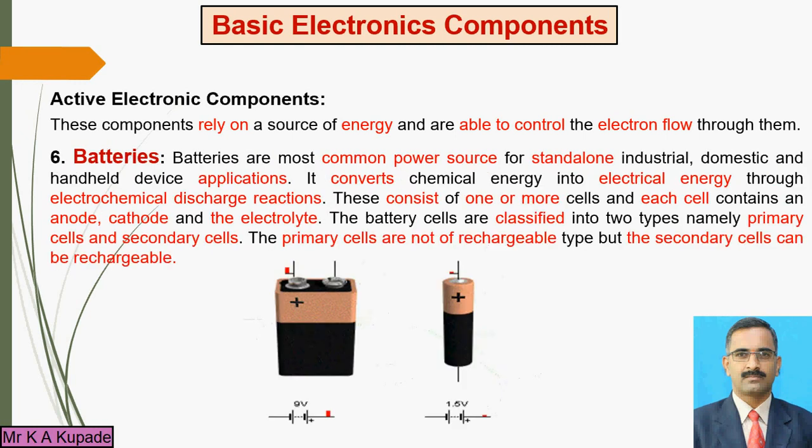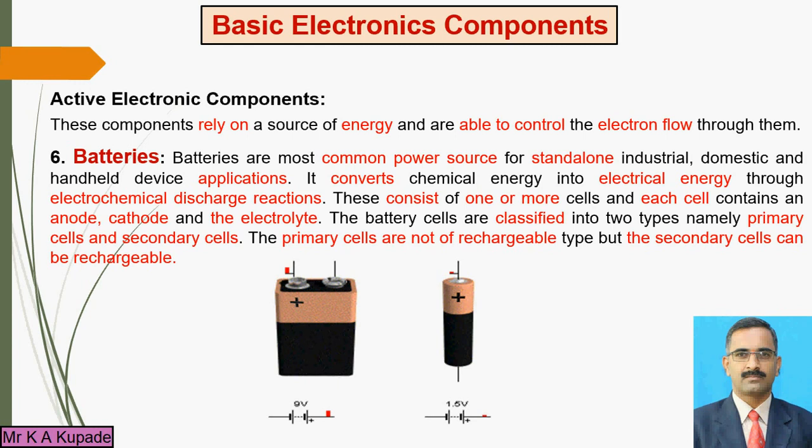Now the next important active component is the batteries, which are used as the power source in the circuitry. Here it is said that batteries are a common standalone power source, used in industrial, domestic and handheld applications, right?